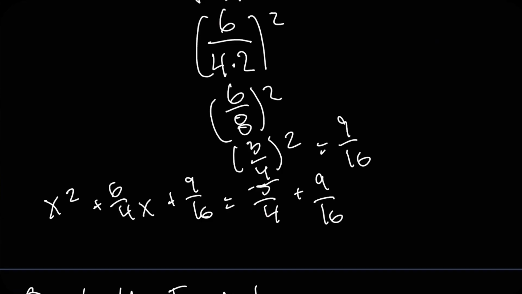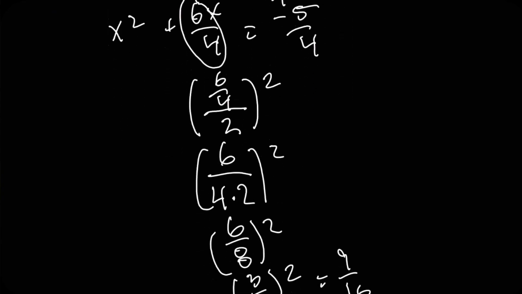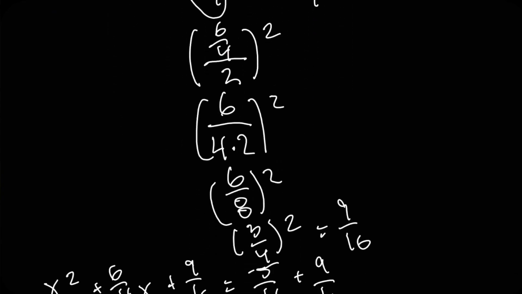And then further reducing this, we'll give ourselves some space over here. Let's take x squared plus 6 fourths x plus 9/16, and that's going to be equal to negative 11/16.